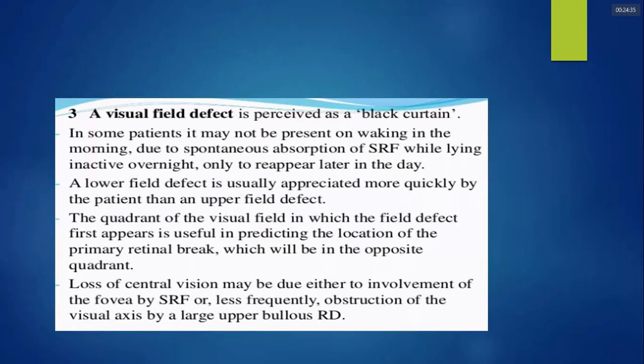Otherwise, if there is mild to moderate diabetic retinopathy, you will not have vision loss. It can be regained later on, within a short duration, if the blood sugar is controlled. But similarly, in retinal detachment also, if the fovea is involved by the subretinal fluid, it is a main cause of central vision loss. And the other is a large upper peripheral bullous RD, meaning a large bullous type of RD.